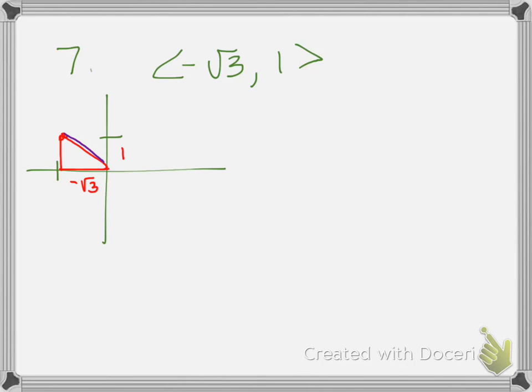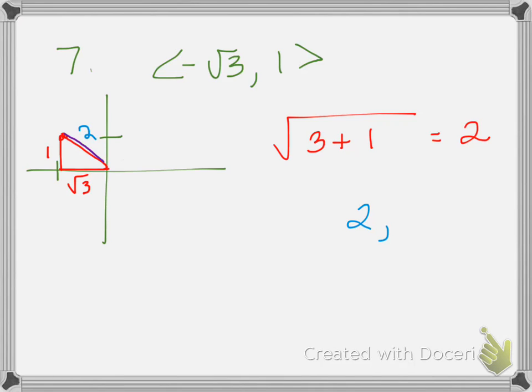And I'm going to get rid of that negative because I know that's a length. Since I know that that's square root of 3, and I'm going to rewrite my 1 over here, then that's 1, I can do Pythagorean theorem. Square root of 3 squared is 3, 1 squared is 1. I get 2 for the length of that side, so 2 is the magnitude.